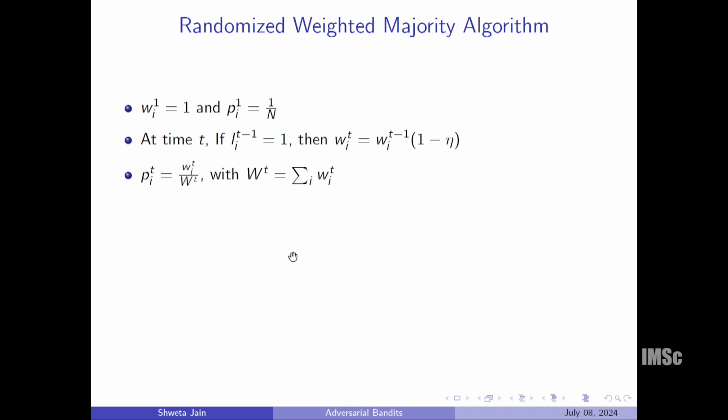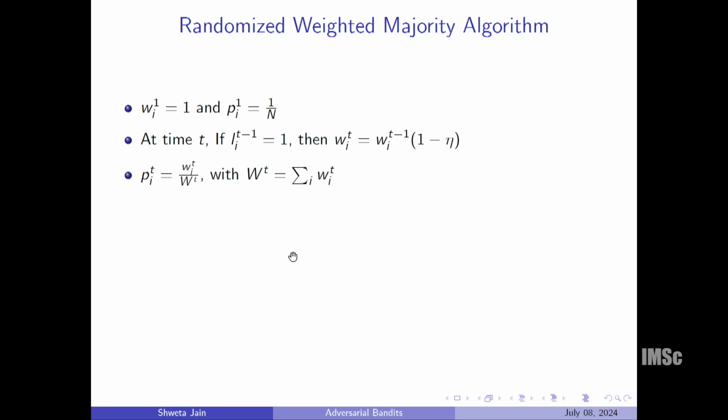I pull everybody with uniform probability. Now in the randomized greedy algorithm, if the ith arm incurs a loss of 1, then I would have simply assigned the probability of 0 here, as in the earlier algorithm. In this algorithm, I do not just switch and assign the probability of 0 to this arm, but I reduce its weight, because it is incurring some loss.